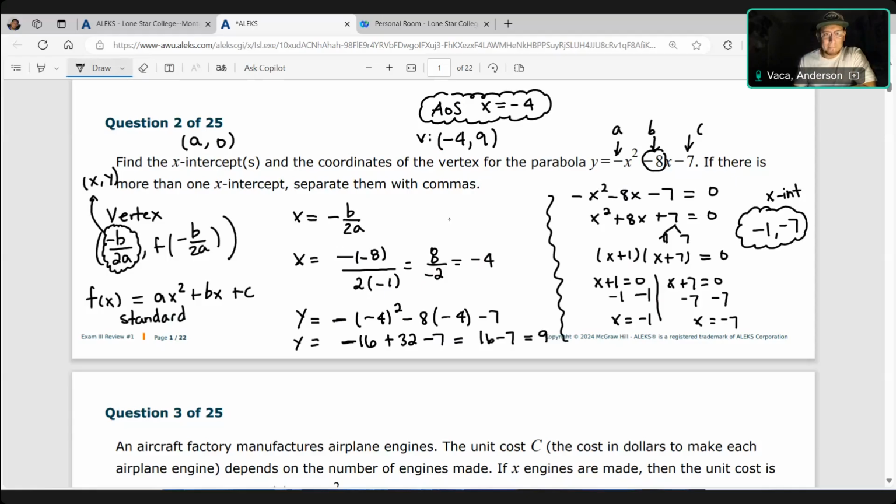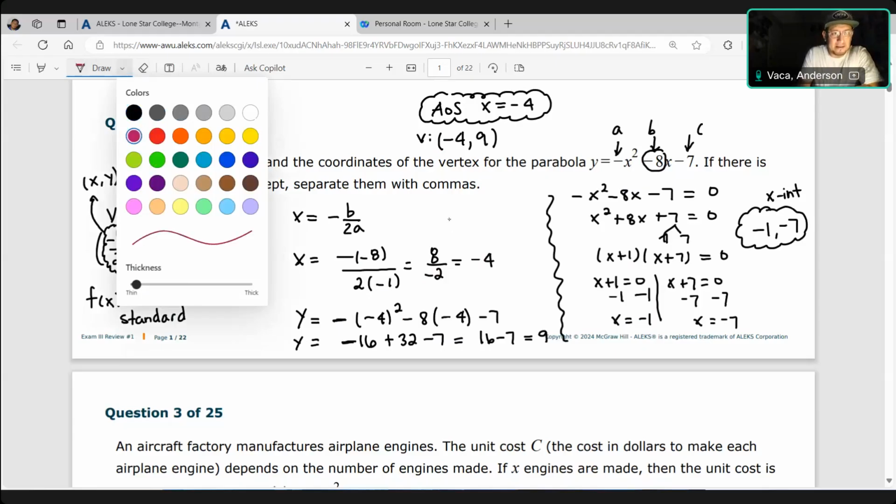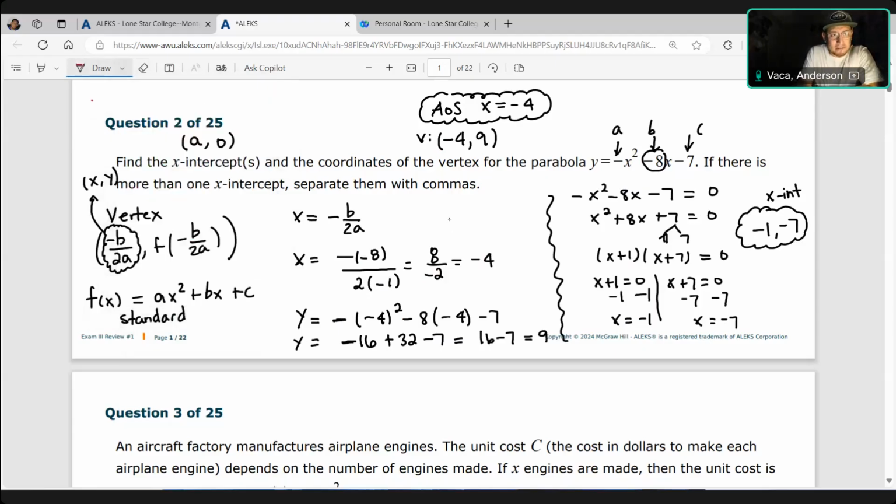Okay. By the way, if we were also asked to find the y-intercepts, they are of the form 0 for x, some number for y. So this is so easy.